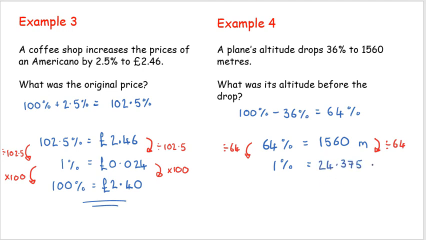Again, note that I'm not rounding at the moment. I'm just putting all the decimal places in, and then I'll deal with anything I need to at the end. So we then multiply by 100, and we're left with 100%. So the original amount, 100%, is equal to 2,437.5.